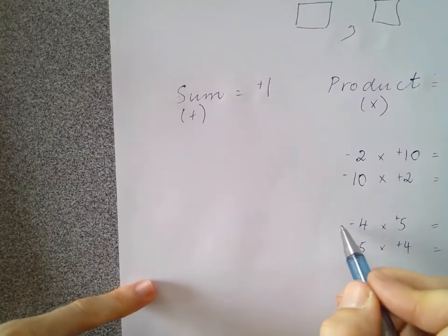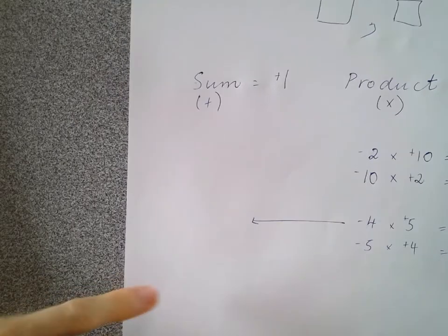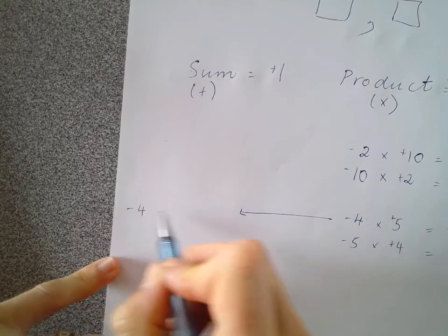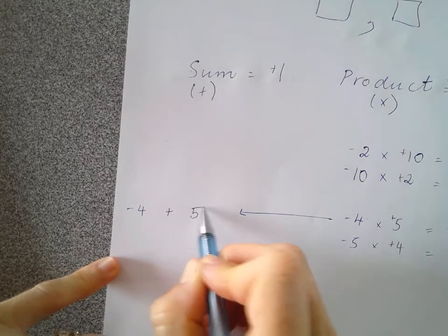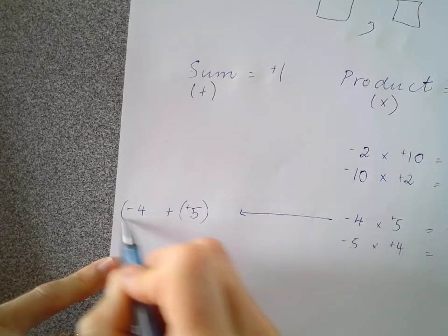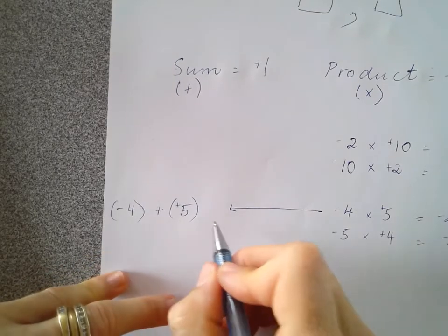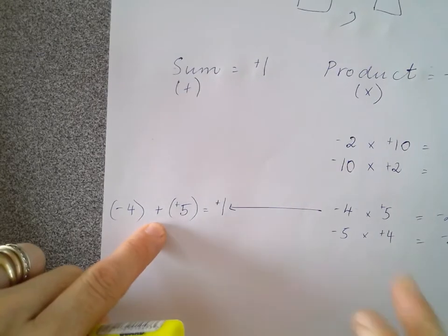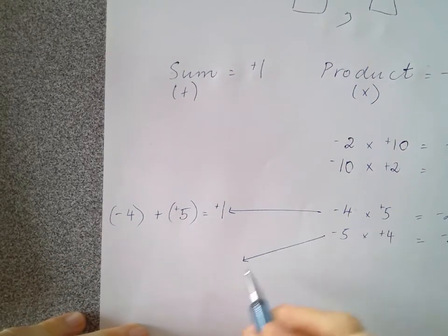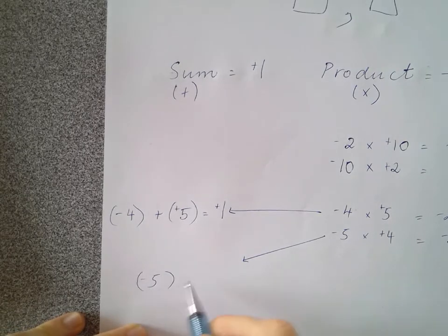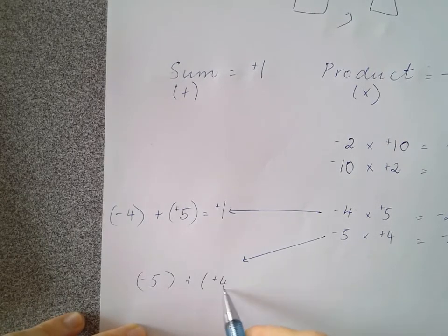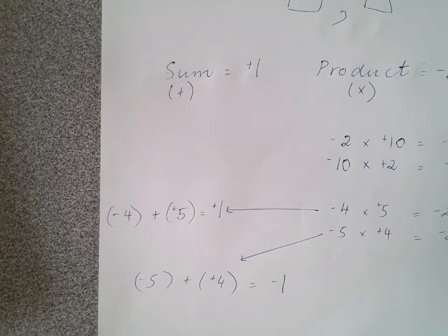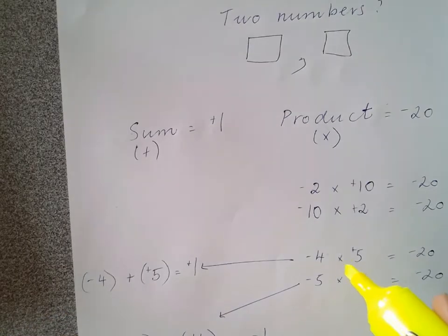So let's test these. Let's plus them together. Negative 4 plus 5 gives me positive 1. This looks to be the answer. Let's just check. Negative 5 plus positive 4 gets me to negative 1. So this is definitely our answer.